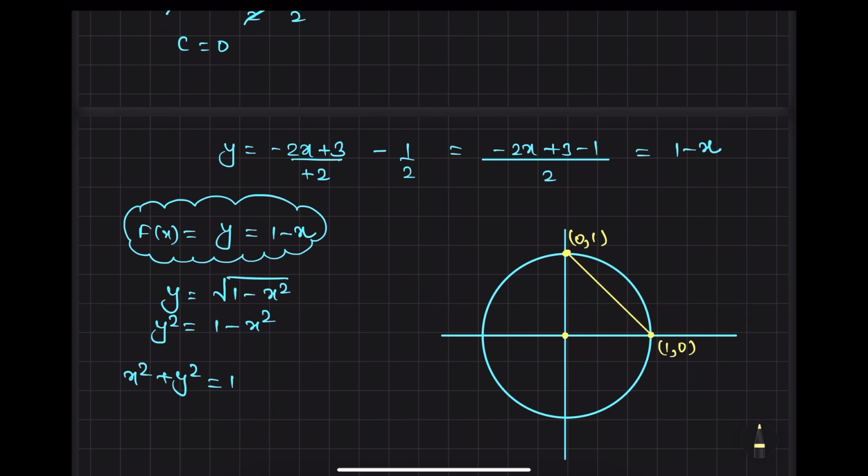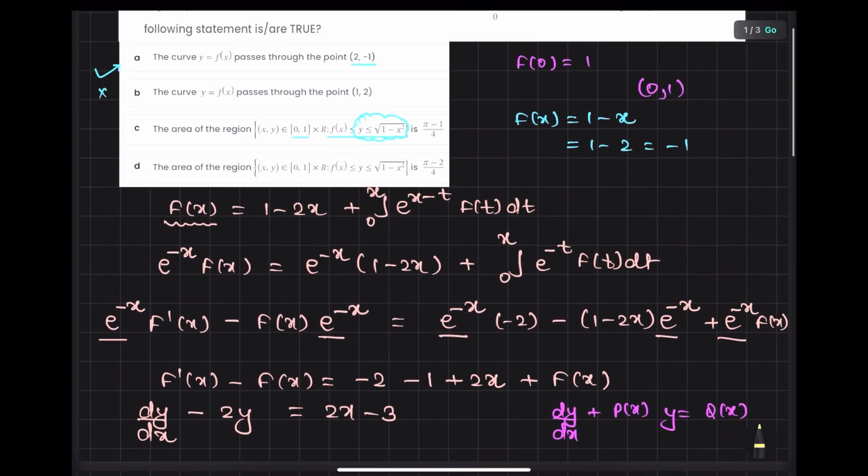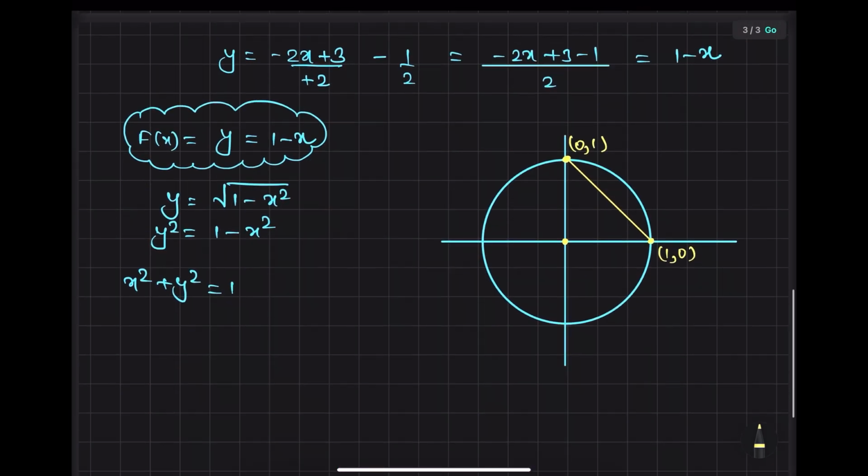Is that okay? Now look at this. They are saying that y is less than or equal to root over 1 minus x square. Suppose I test 0 comma 0, to know which part we have to cover. If you satisfy 0 comma 0, in place of x put 0, in place of y put 0, it will satisfy.